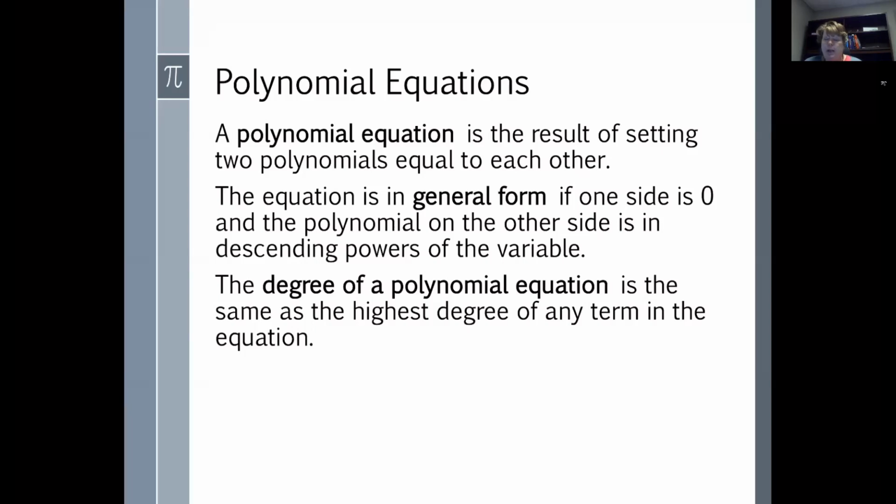The degree of a polynomial equation is the same as the highest degree of any one of its terms. What that means is it's the biggest exponent. So if the largest exponent in this polynomial equation is 3, it's a third degree polynomial equation. If the largest exponent's 4, for example, then it's a fourth degree polynomial equation.